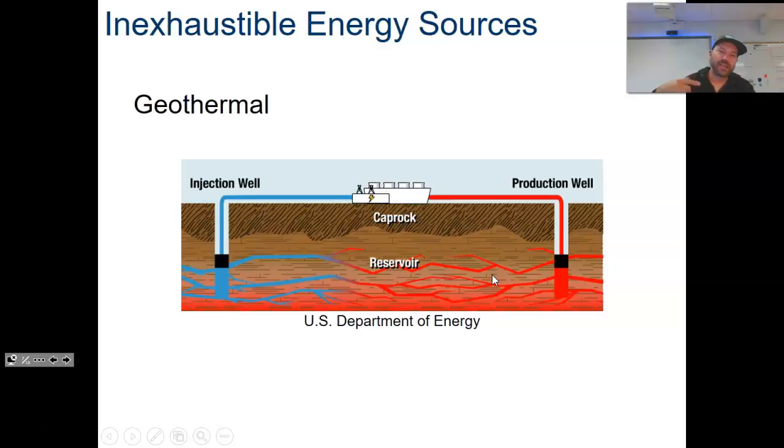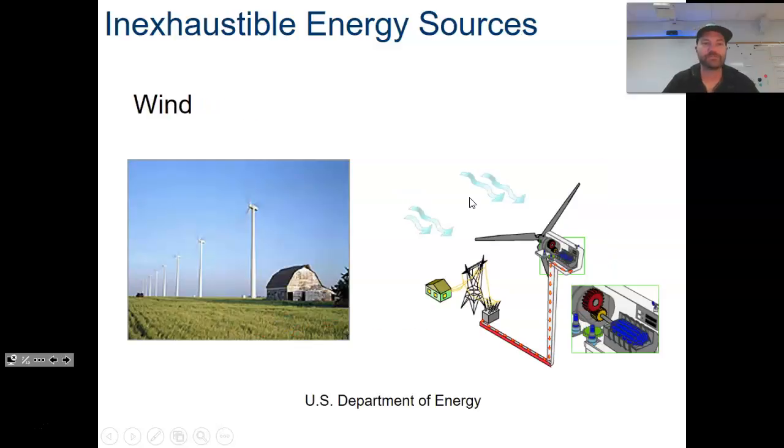So in the wintertime, 60 degrees is warm, but in the summertime, 60 degrees is cold. So we can send a fluid down into the ground in a tube, and that will either absorb heat in the summertime or give heat in the wintertime. So you can use geothermal as something that will, quote unquote, never run out.